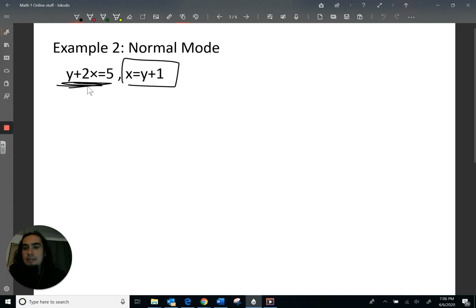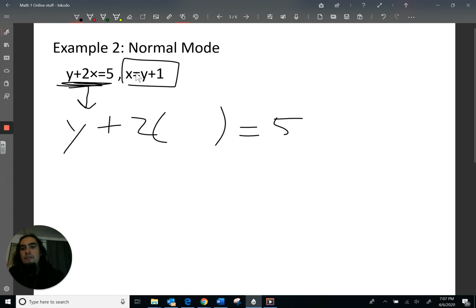Okay, so let's take our first equation. Okay, I don't like it. Let's try again. 5y plus 2x equals 5. So I've just rewritten all of that one more time. Now what's x?